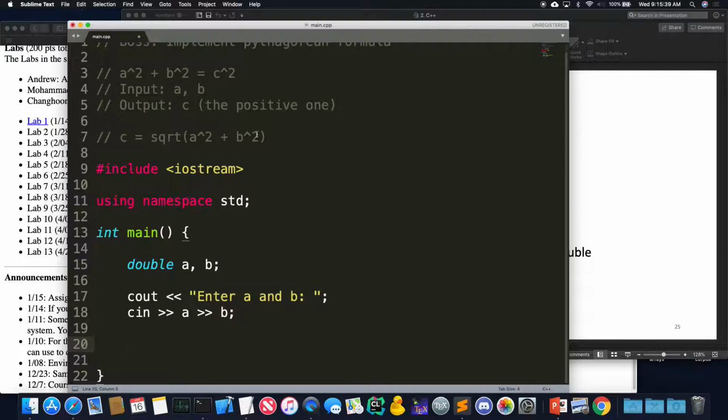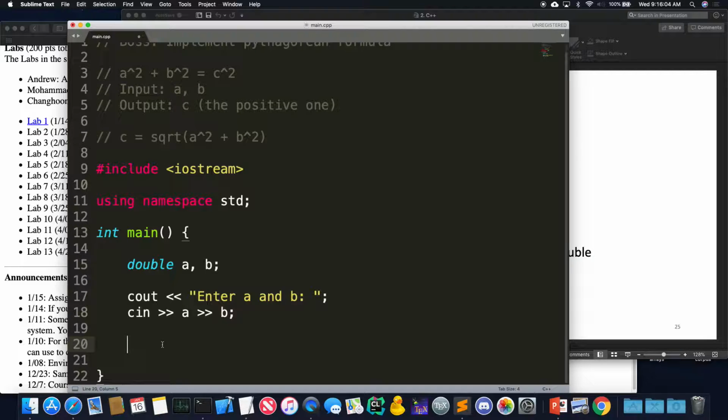Okay, so we want to actually calculate this value now. We'll get to square root in a second. But think about C. We want to calculate the value for C. What type should it have? Should it be an integer type or should it be a floating point type? Floating point, because the vast majority of the time, when you do square root, it's not going to be an integer, right?